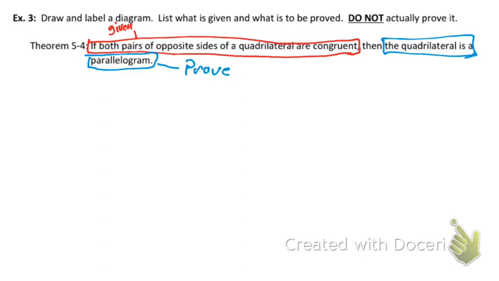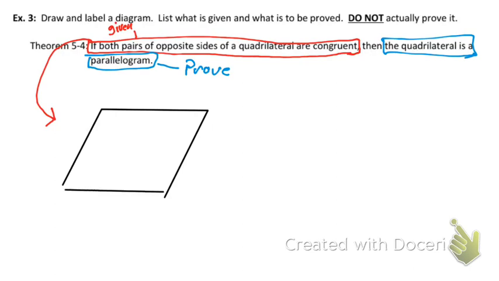You are going to take that if statement and use that to make a drawing. So it says if both pairs of opposite sides of a quadrilateral are congruent. So you are going to draw a quadrilateral, probably one that looks like it's parallel because we're proving it's parallel. But for right now, it's just a quadrilateral.